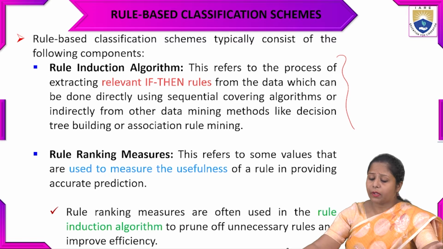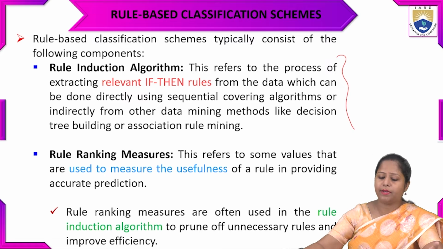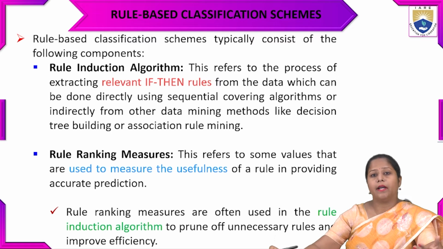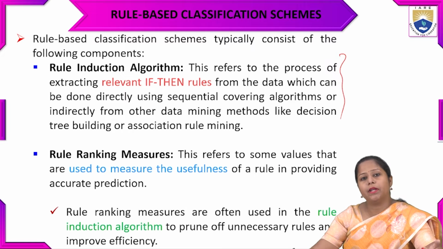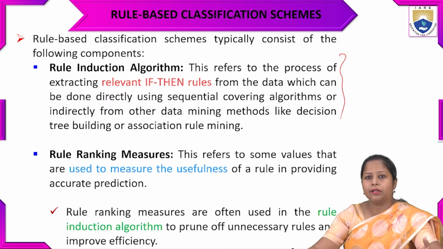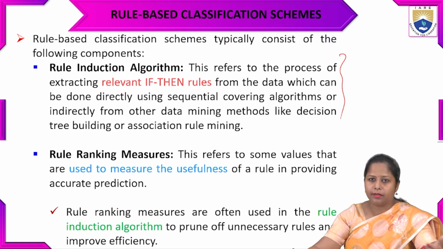So the if-then rules from the data are obtained by the sequential covering algorithm, as well as indirectly from other data mining methods like decision tree building or association rule mining. Those are the rule induction algorithms. What is the rule ranking measure?